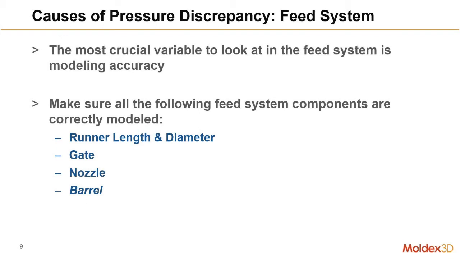There is a pressure loss actually happening in the barrel because the pressure is applied from the other end of the barrel, and there is a pressure loss from the pressure application point to the nozzle. Now we do have a consideration for that in our simulation right now, but it is quite generic. In the next coming version, which is going to be Moldex3D 2020, we are going to have a consideration for the barrel geometry.